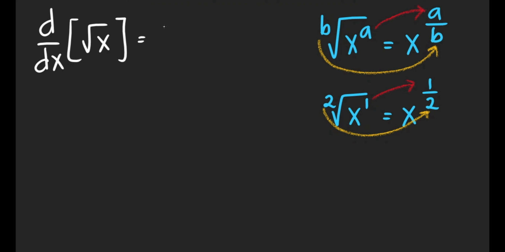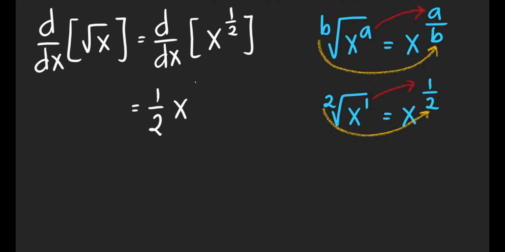The derivative is equal to the derivative with respect to x of x raised to 1/2. We have 1/2 times x to the power 1/2 minus 1. 1/2 minus 1 is negative 1/2. F prime of x is equal to 1/2 times x to the power negative 1/2.